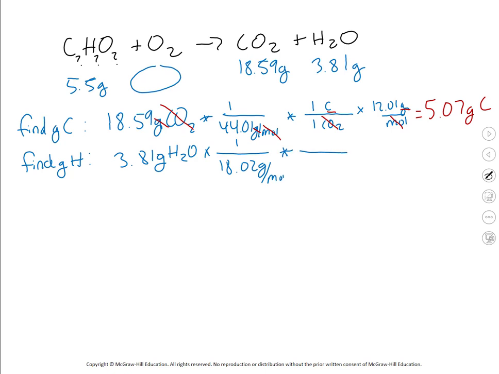Now the molar ratio. Once I'm at moles of water, I want moles of just what? Hydrogen. What's that ratio going to be? 2 to 1. Good. There are 2 hydrogens in every 1 water. And then lastly, take those moles of hydrogen, get back to grams by multiplying by the molar mass. Molar mass of hydrogen is 1.008 grams per mole.